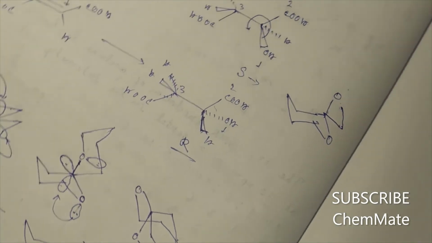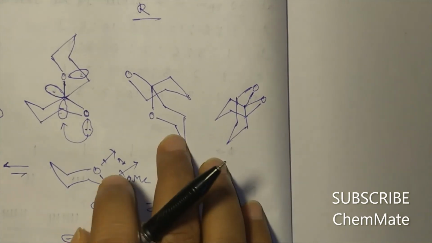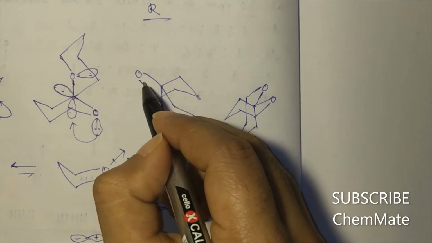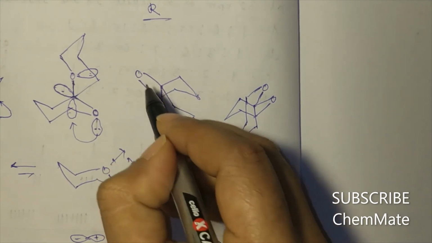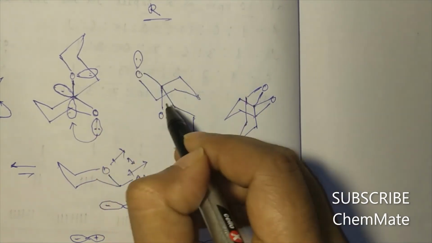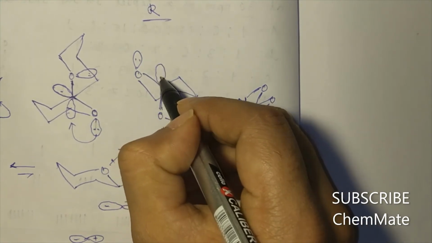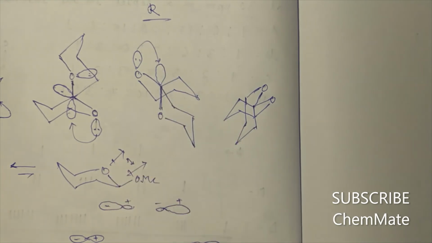On the other hand, if we consider this molecule, then for this pyranose ring, this is axial. So here the lone pair is there, and for this bond the antibonding orbital is in this direction, so this will be given easily.